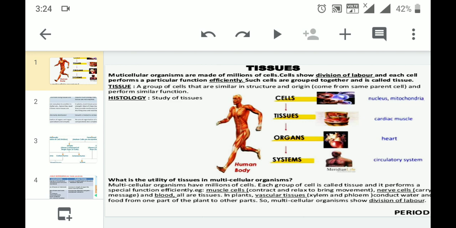Muscle cells contract and relax to bring about movement, whereas nerve cells carry messages. These all are tissues. In plants, vascular tissues, for example xylem and phloem, conduct water and food from one part of the plant to another part. So, multicellular organisms show division of labor.